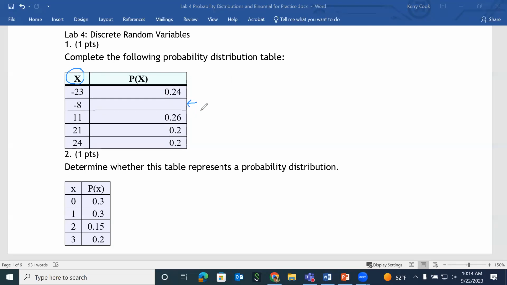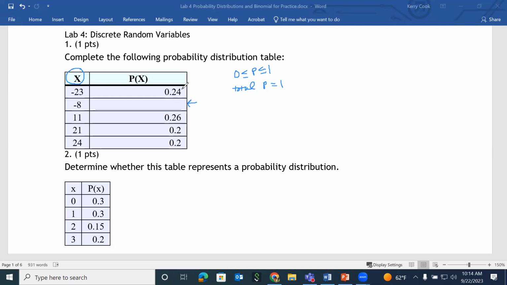In order for us to complete the table, we think about the two requirements to be a probability distribution. First, probabilities must be between 0 and 1. So far all of those are values between 0 and 1, and we need to find the missing one. Also, we know the total probability has to be equal to 1.